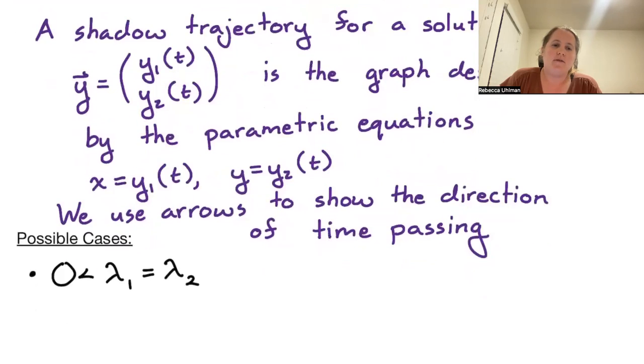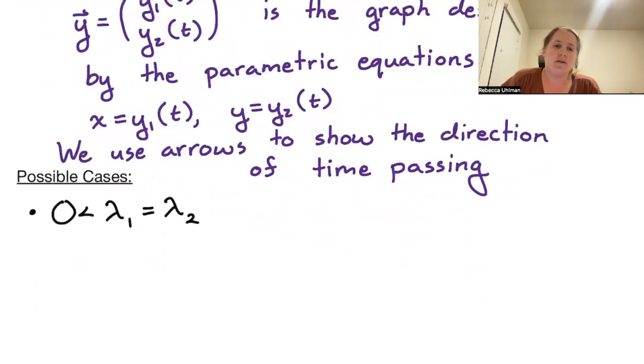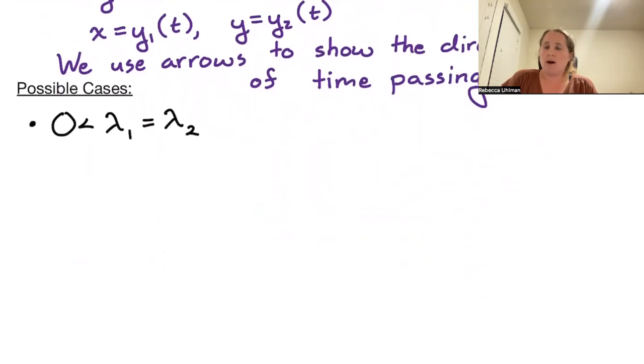We have a variety of things that can happen with our eigenvalues. We could have two positive eigenvalues which are the same.